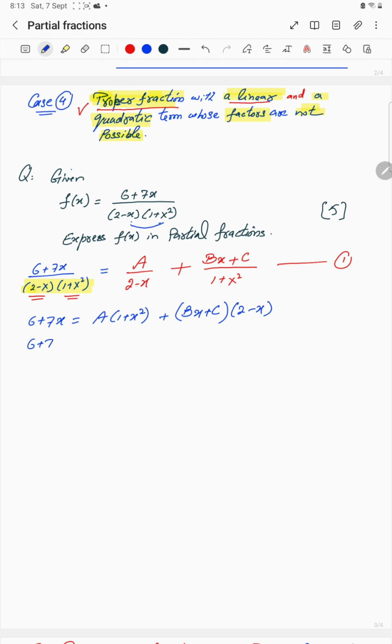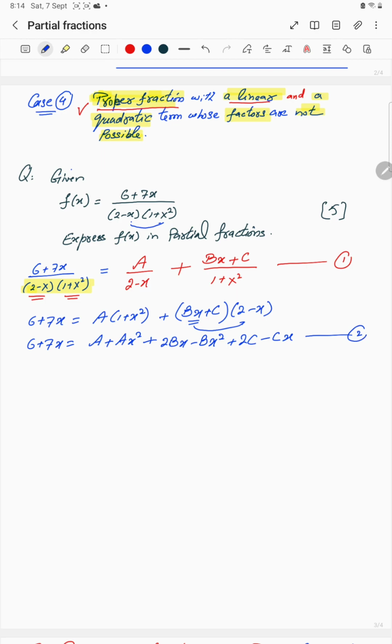Further simplify it, because we need to find the unknowns by comparing coefficients. So we expand it: A plus Ax squared plus 2Bx minus Bx squared plus 2C minus Cx. This is equation number 2.